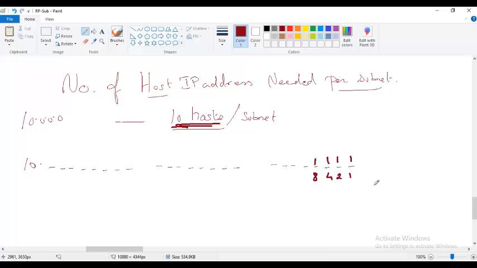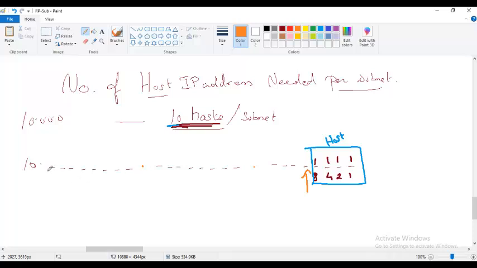Yes, this is what I'm going to keep for the host. You cannot get exactly 10, but something more is also okay. A little more is okay. Now, from this bit onwards, we are giving for networking.